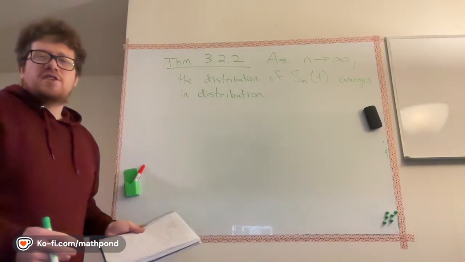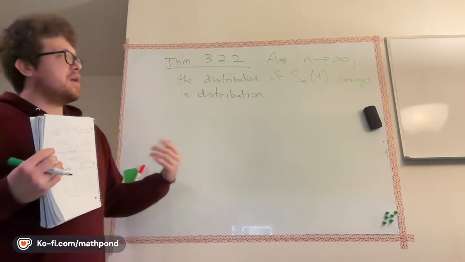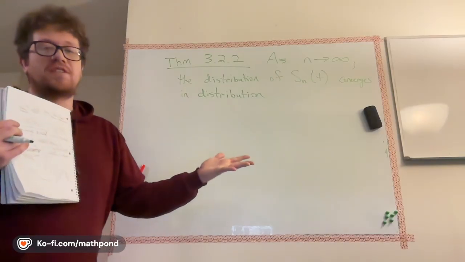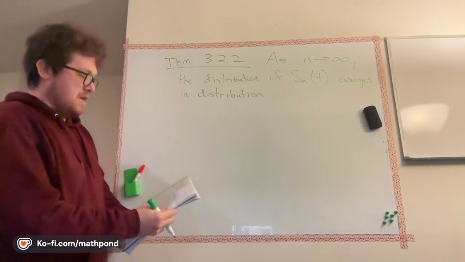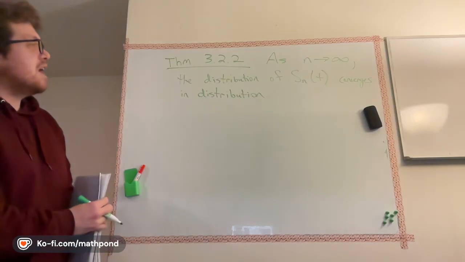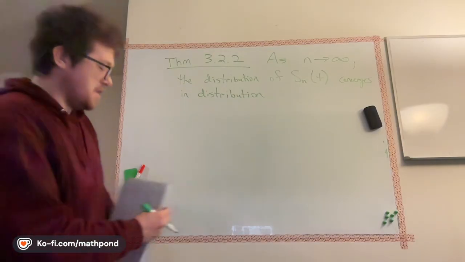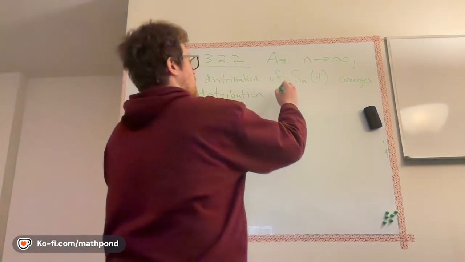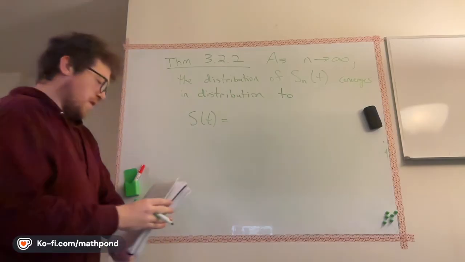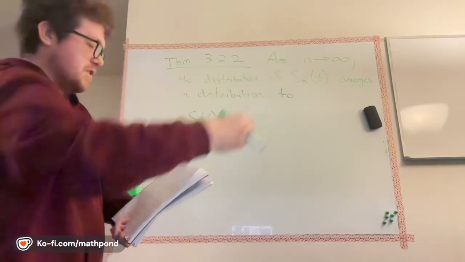I think you could show that it's equivalent to the characteristic functions converging pointwise, or that basically the probability density functions are equal up to some measure zero set in the limit, something like that. The distribution of Sn of t converges in distribution to S of t, which is a new random variable defined for all values of t, not just at the integers.